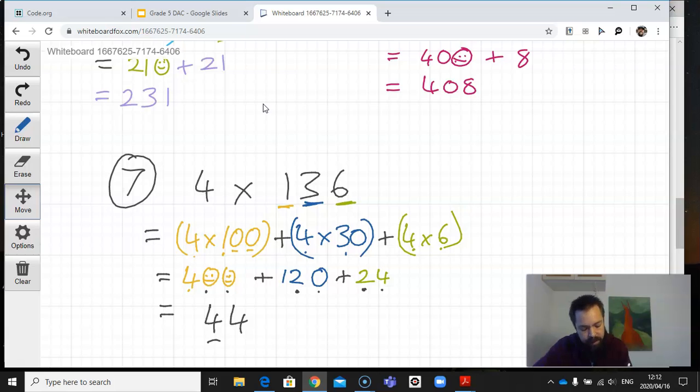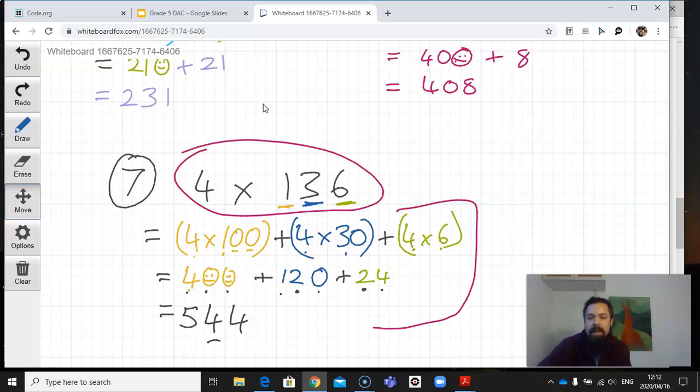And in my hundreds, I have 1 plus 4 is 5. And so my answer to 4 times 136 is 544. And I would say quite safely that if you were having to do that problem, doing it this way is probably easier and more guaranteed of success than if you were working it out in your head, trying to figure out what 4 times 136 is.